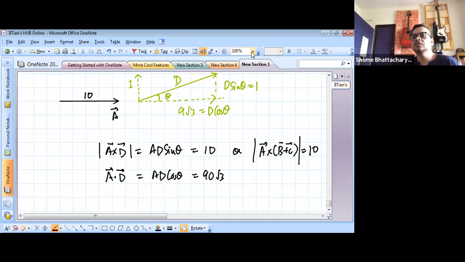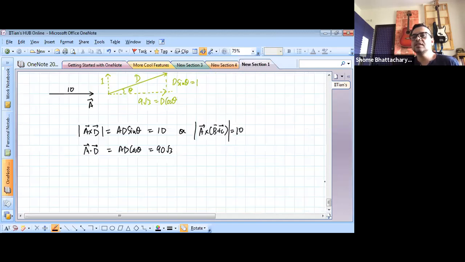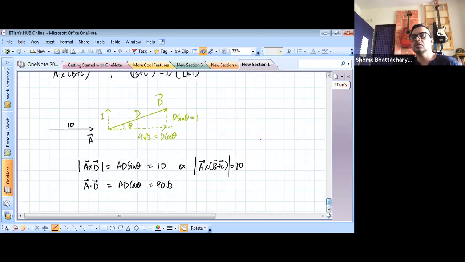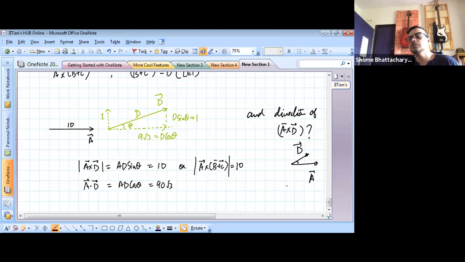Okay. That's the first thing. And the second thing is you can see the direction of A cross D. ये क्या होगा? This will be into the plane because A is like this and D is like this. So sorry, it's coming out of the plane. So it is outwards.